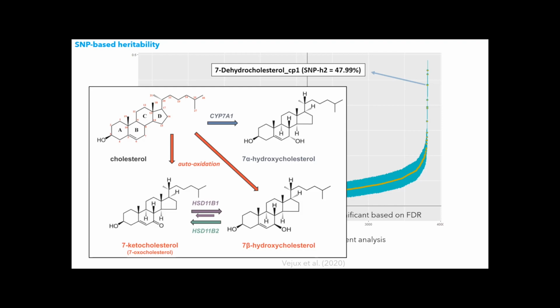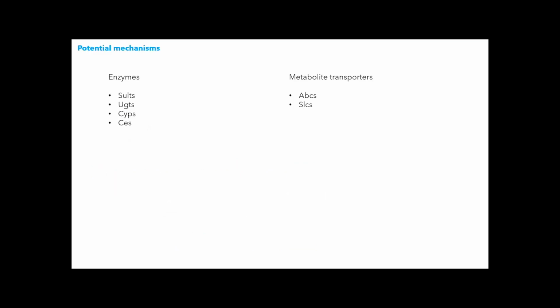Those are enzymes that have been previously described as involved in the metabolism of cholesterol, and one of the intermediate metabolites generated through this pathway is 7-dehydrocholesterol. So from this analysis, we identified a number of enzymes, again, CYPs. And finally, a potential mechanism driving metabolite composition and abundance in cecum.